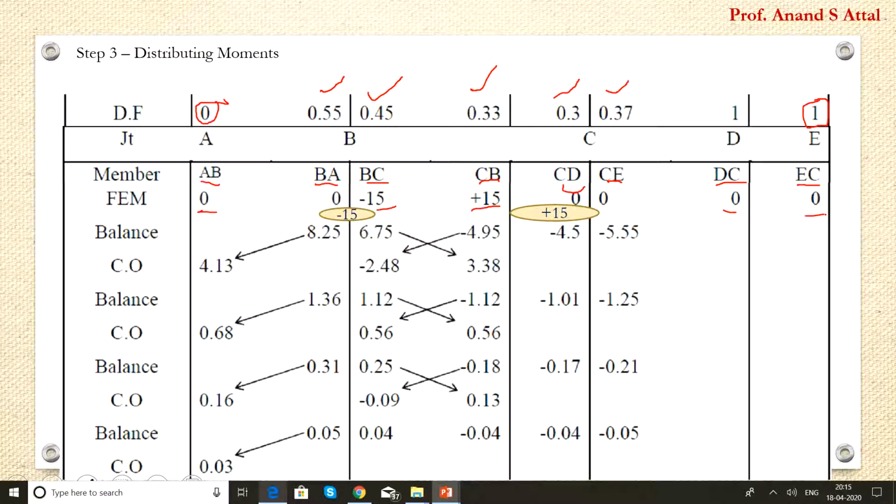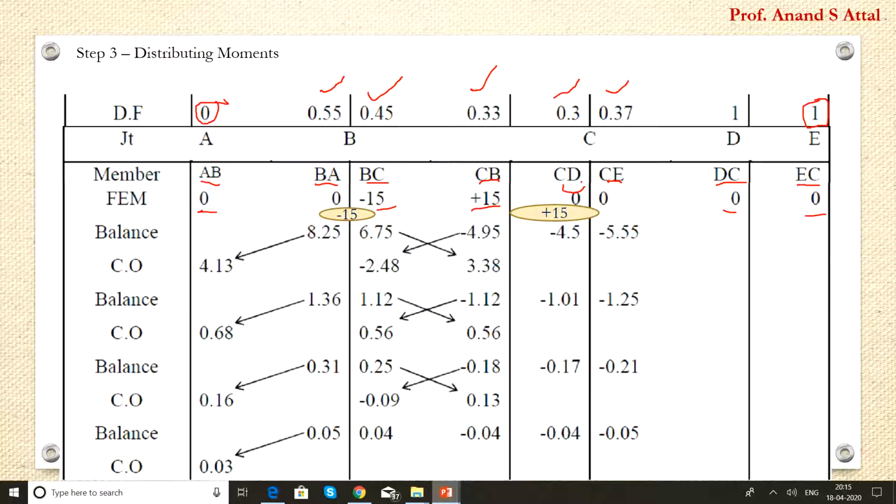Next, after hinge and roller, we need to see the internal, that is continuous or rigid joints. The continuous or rigid joints are joint B and joint C. If we do the summation of moments at joint B, the summation should come 0. So 0 plus 0 minus 15 gives a difference of minus 15.